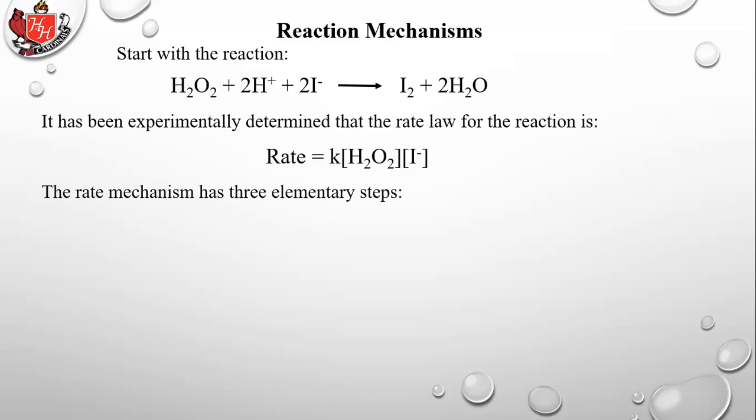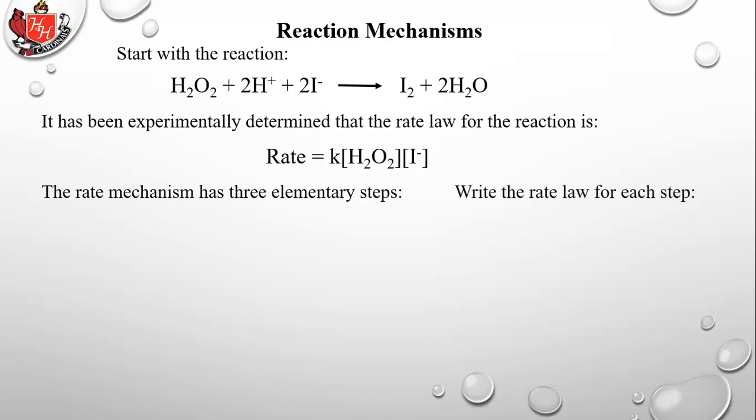Now with this rate mechanism, there are three elementary steps. Before I show them to you, you do not ever have to figure out elementary steps. You're not expected to do that. You're given these elementary steps for a problem, and then you're asked to do some analysis with them.